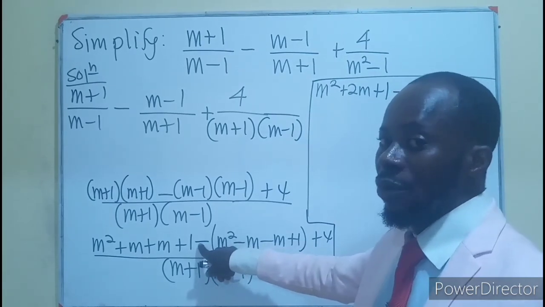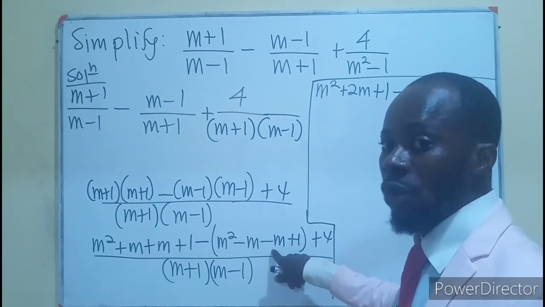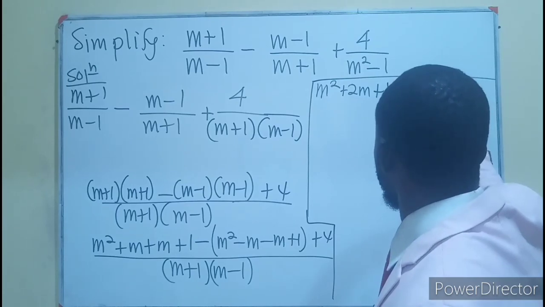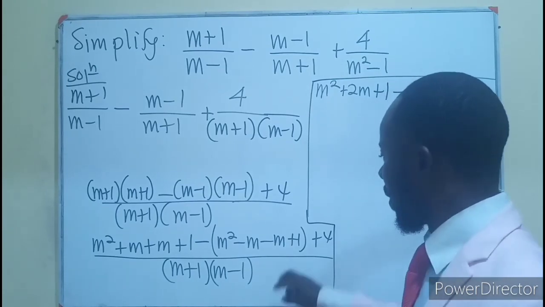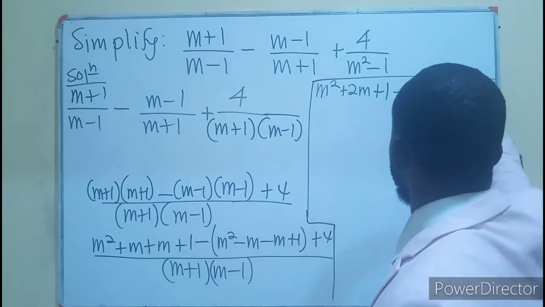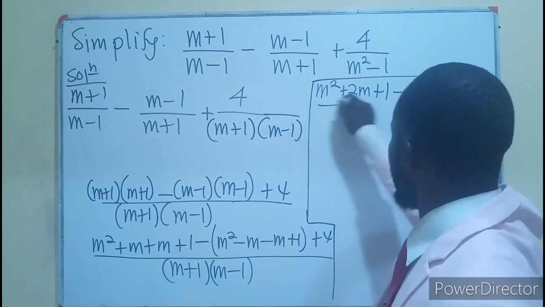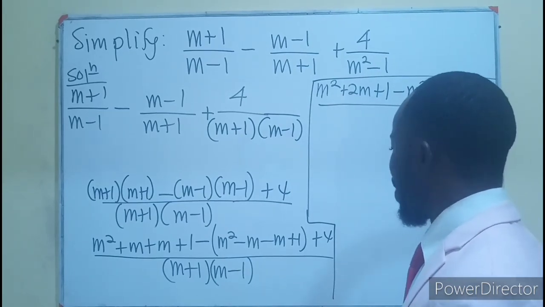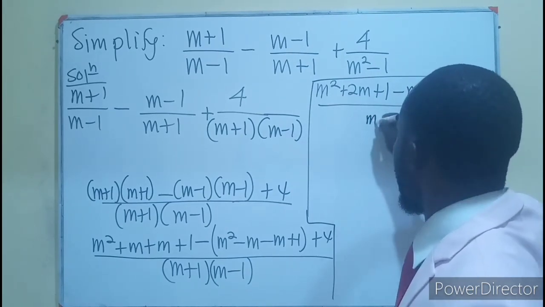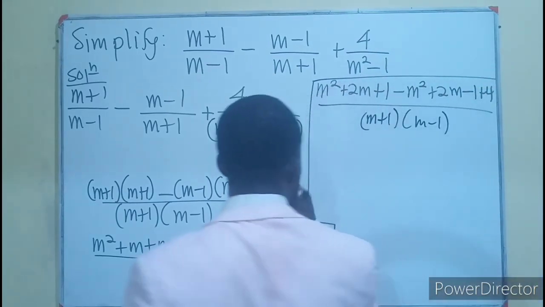In here will be a negative affecting the negative 2m, which becomes positive 2m. Then in the case of a plus 1 times the negative, it gives us minus 1. Then we have 4, still divided by (m plus 1)(m minus 1).